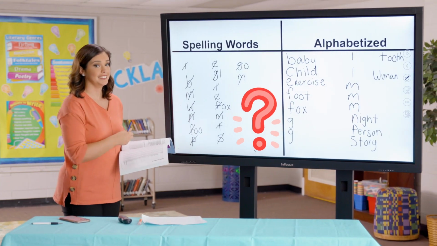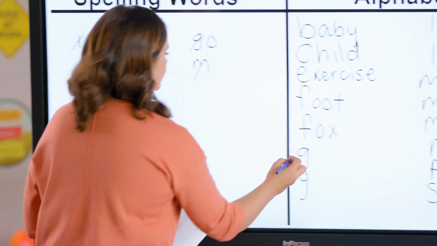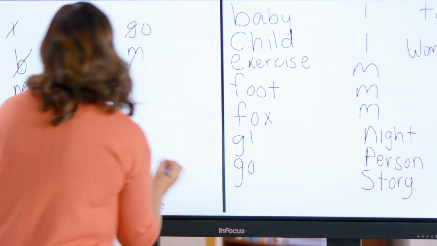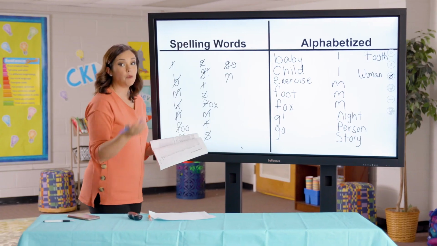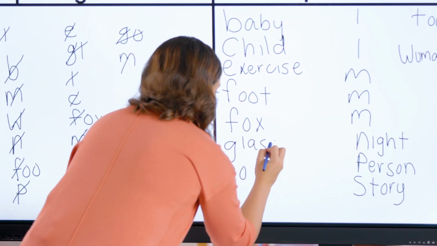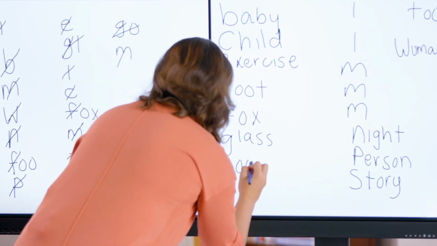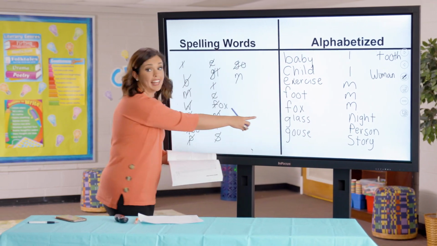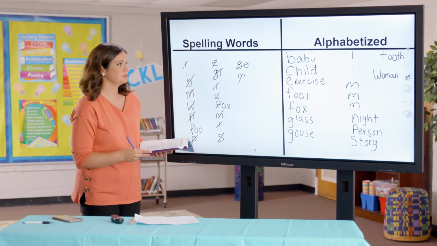Right, L. Now we can complete these words. We have glass and goose.